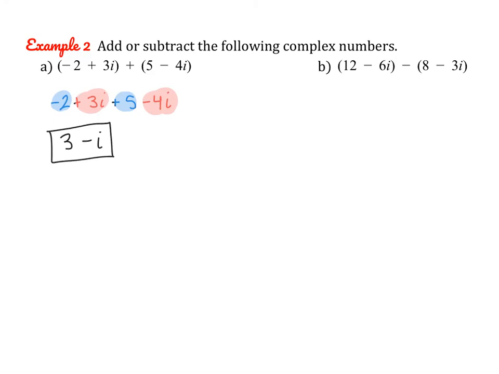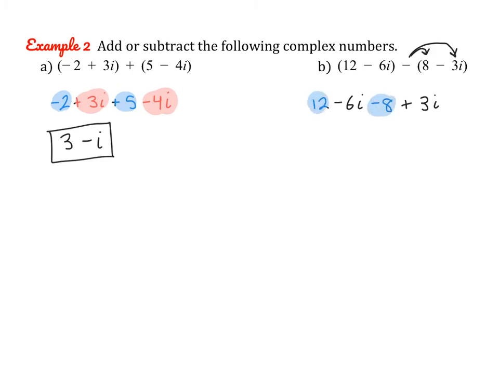All right, in part B, here we have 12 minus 6i minus 8 minus 3i. Here we just need to be careful that we're subtracting this entire second complex number, so we do need to distribute those negatives. We can rewrite this as 12 minus 6i minus 8, and then it's actually plus 3i. But from here again, it's simply combining like terms.